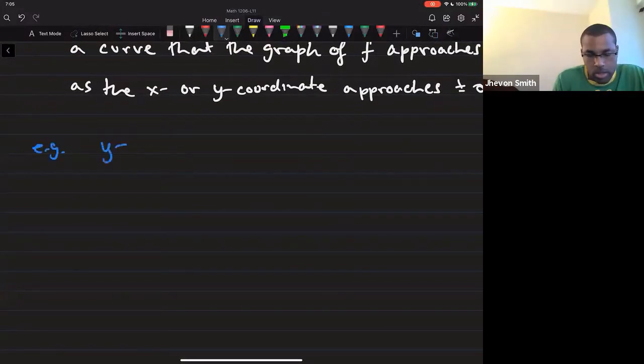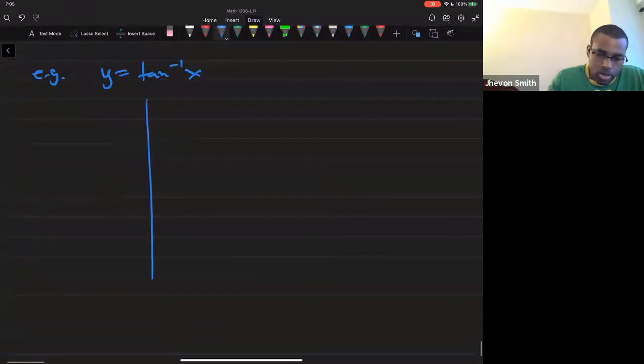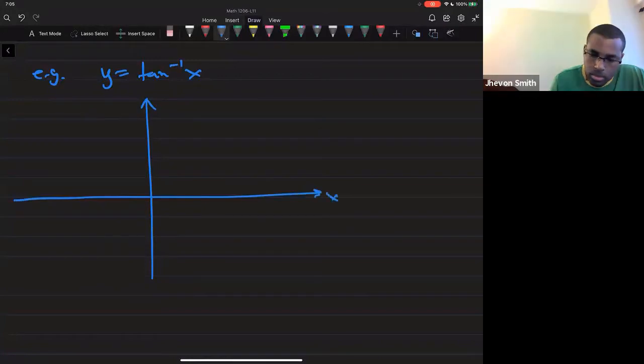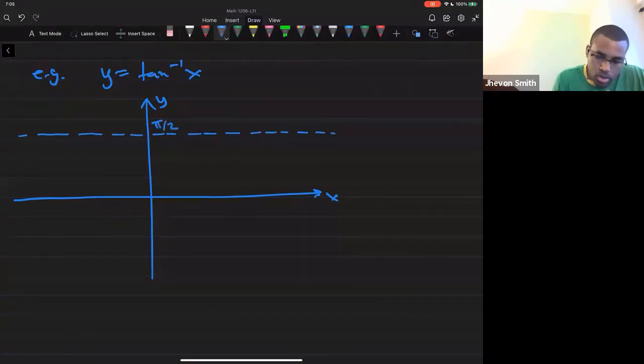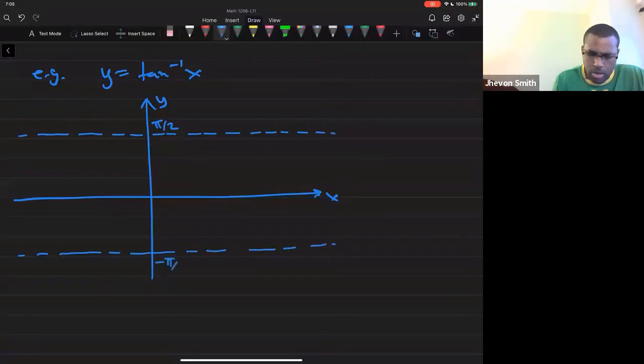y equals tan inverse is one example. So we know what that graph looks like. There's an asymptote here at pi over 2. There's an asymptote here, minus pi over 2. And the graph looks like this.